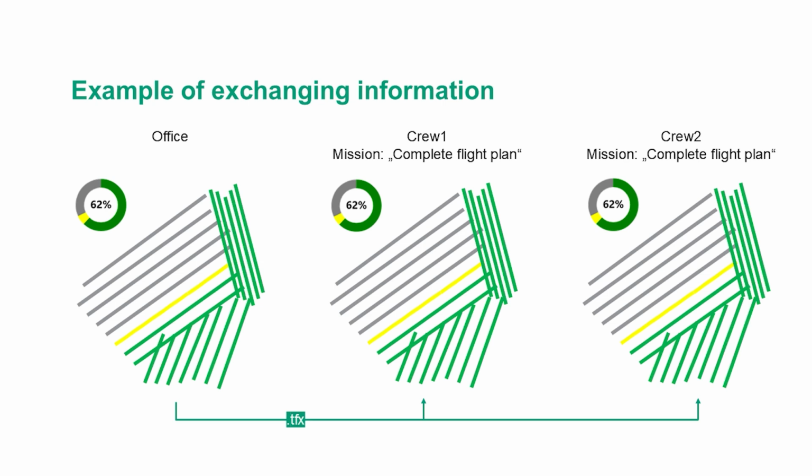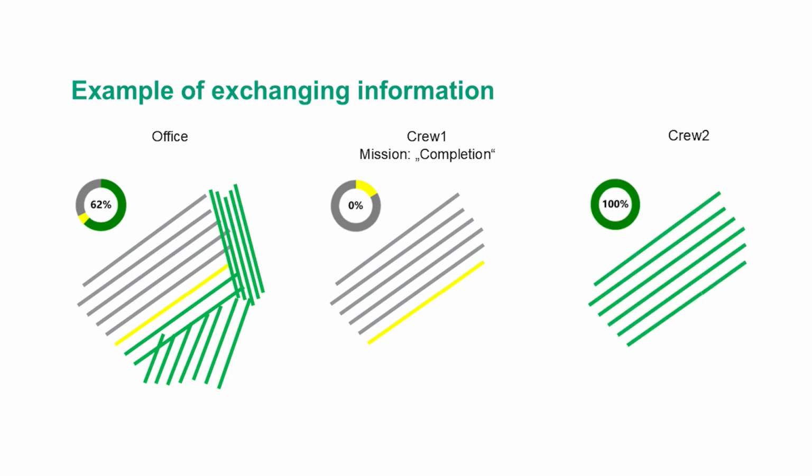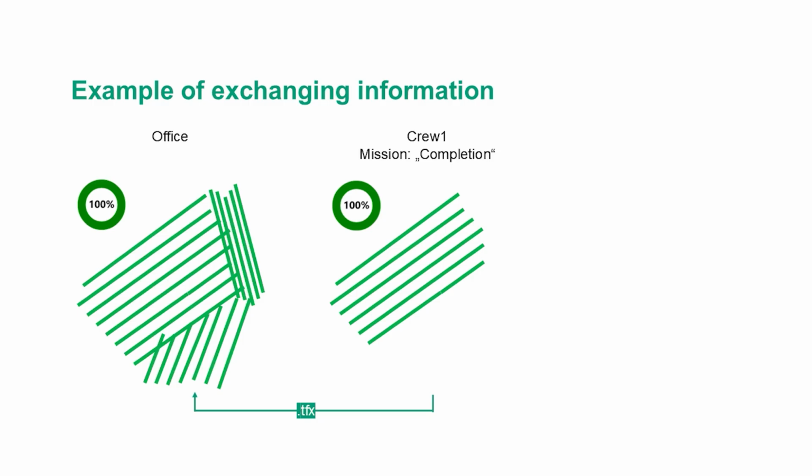The first aircraft sees now a new mission completion that has to be flown this day, and the second aircraft sees it as solved, that they are good and no more flights are required.